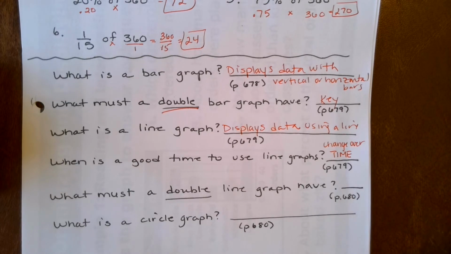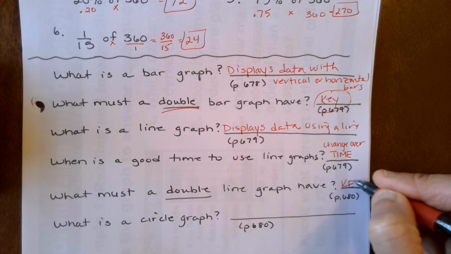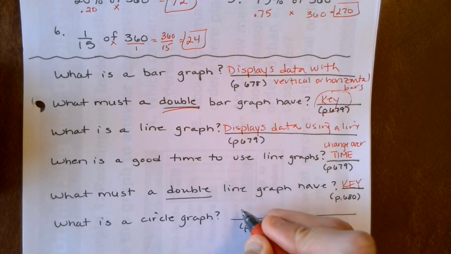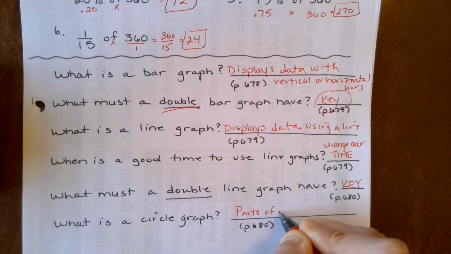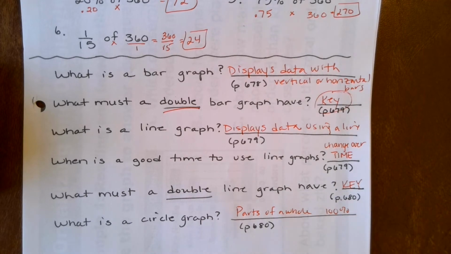What must a double line graph have? Again, the same thing as it did up here. It needs to have a key that tells you which line represents what, because there's going to be two lines on there. And what is a circle graph? It's a circle graph, and it always shows you parts of a whole. So there'll be like 100% on there.